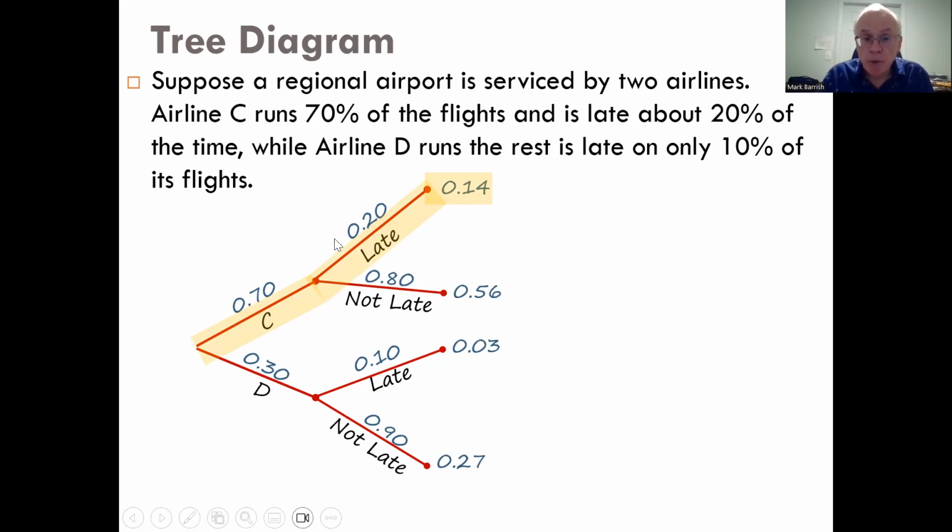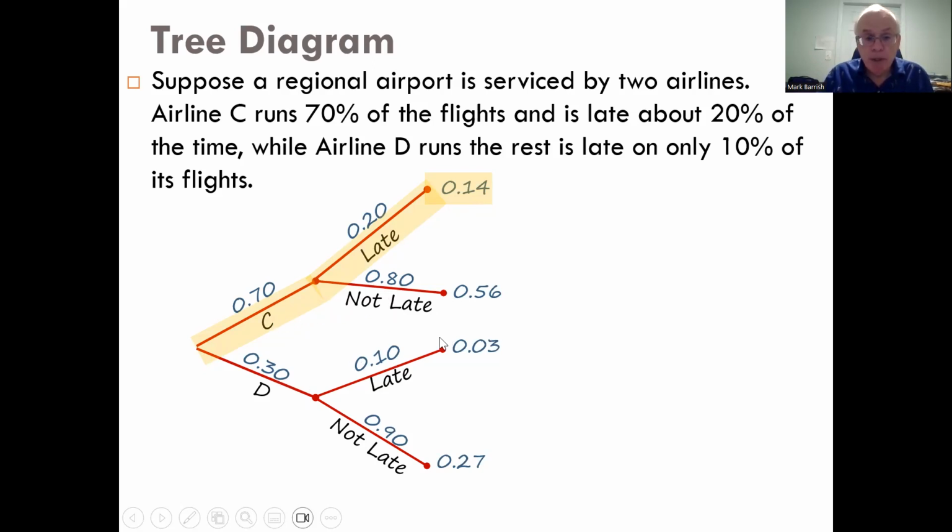This is the multiplication: the probability of airline C times the probability that you're late, given that you've taken airline C. You multiply those two. 0.14 is the joint probability that if you picked a flight at random, the flight is with airline C and it's also late. Similarly, 0.7 times 0.8 is 0.56, the joint probability that if you picked an airline at random, that airline would be airline C and it would not be late.